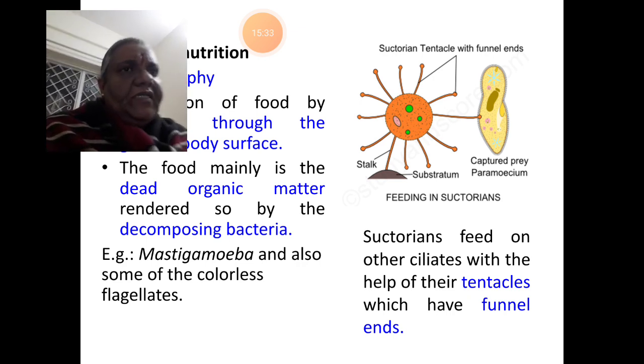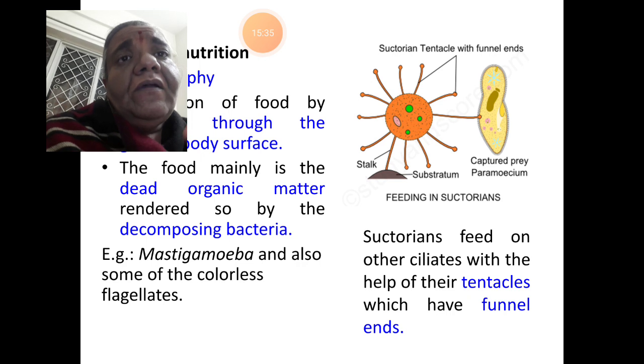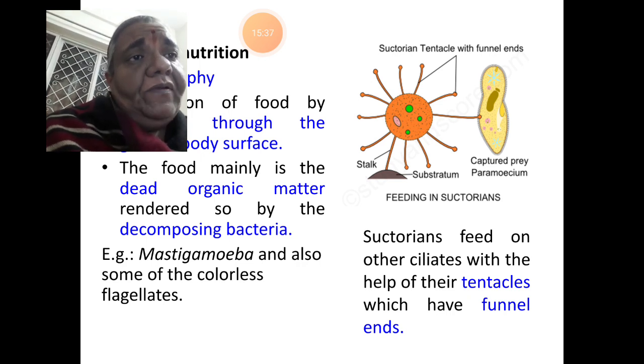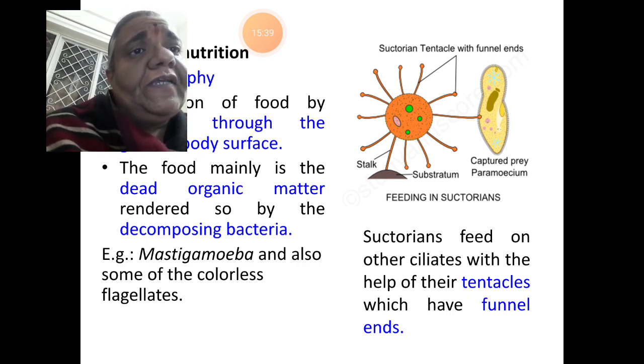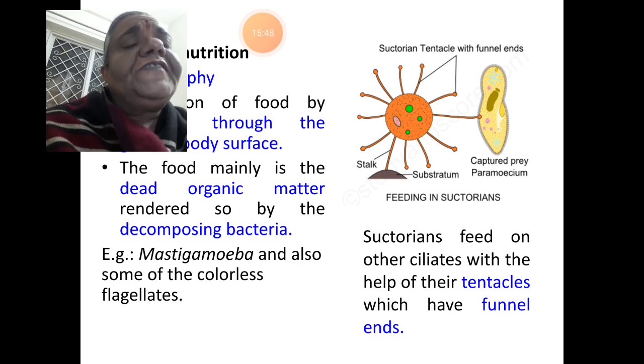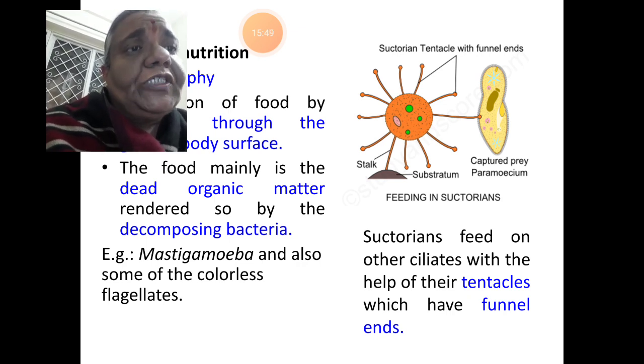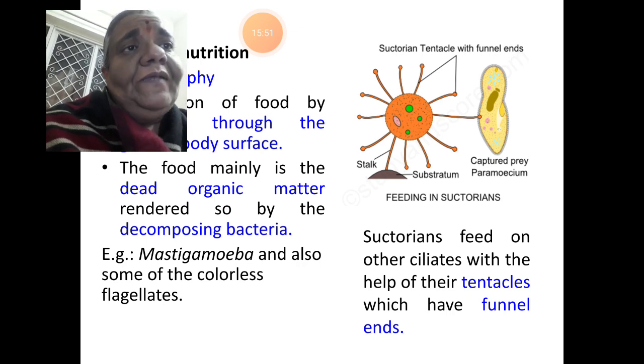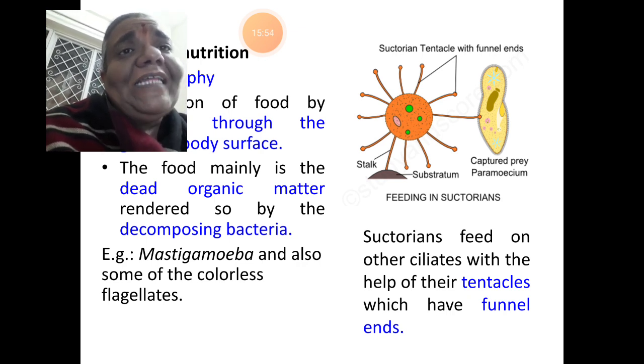See, these Suctorians actually feed on other ciliates. Like here you can see one Suctorian feeding on the Paramecium. Paramecium is the prey here. They feed on other ciliates with the help of tentacles. You can see the tentacles here, and each tentacle is provided with funnel ends.